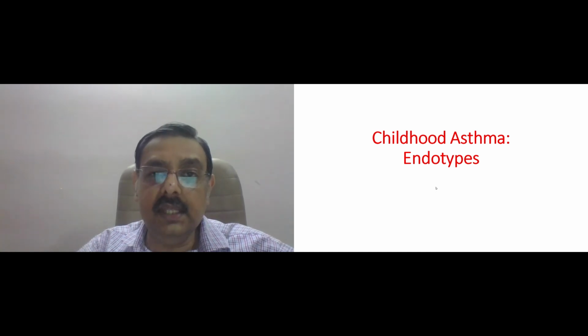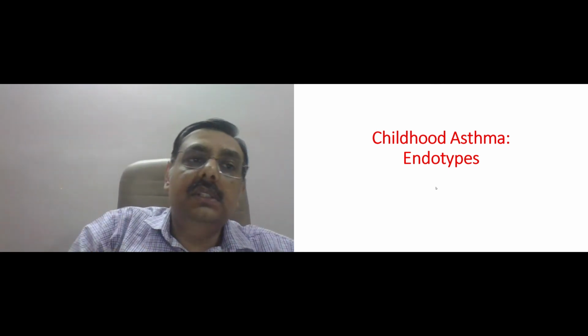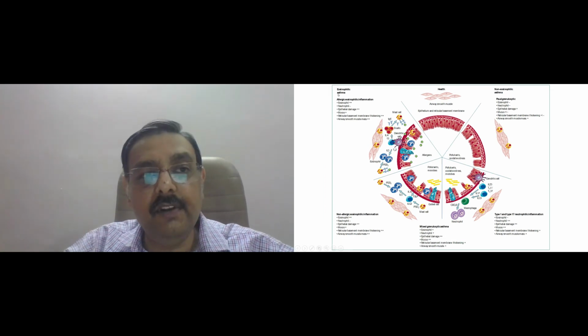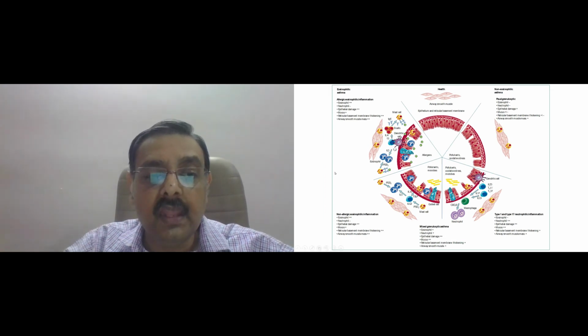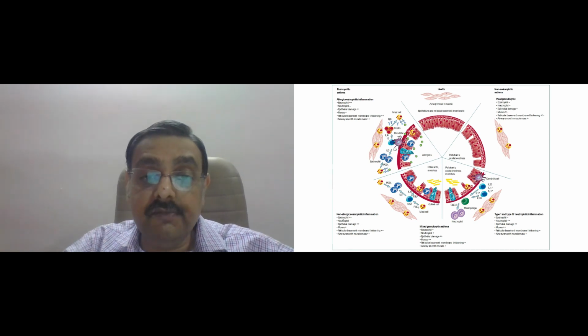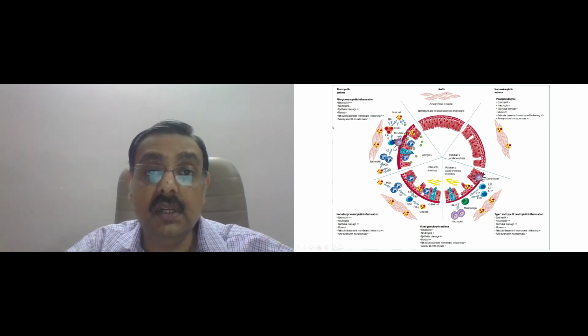So these are the usual phenotypes which have been described across the world. You can have an eosinophilic asthma, where the predominant type of inflammation is eosinophilic. Eosinophilic asthma again could be allergic, so an allergic eosinophilic asthma versus a non-allergic eosinophilic asthma: eosinophilic inflammation, but you still don't find any specific sensitizations.